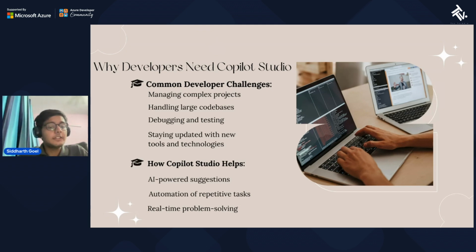And then as the size of the code base increases, debugging and testing also become a challenge. Just imagine that you are building a project for your personal purposes. Debugging it is easier because the lines of code and the number of features are still limited. But imagine a code base containing thousands of files, lakhs of lines of code, and reading between those lines manually becomes a challenging task.